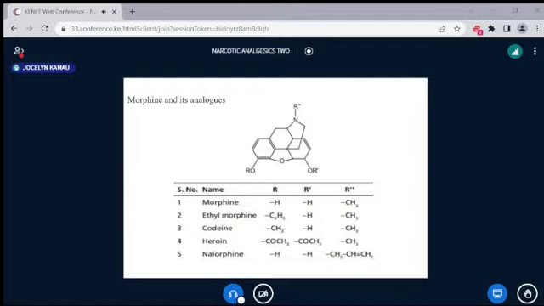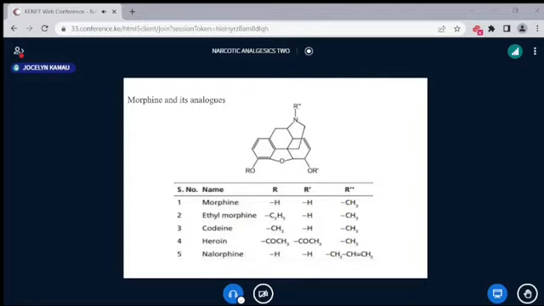For ethylmorphine, that's a C2H5, that's a CH3, that's a hydrogen. For codeine, that's a methyl group.